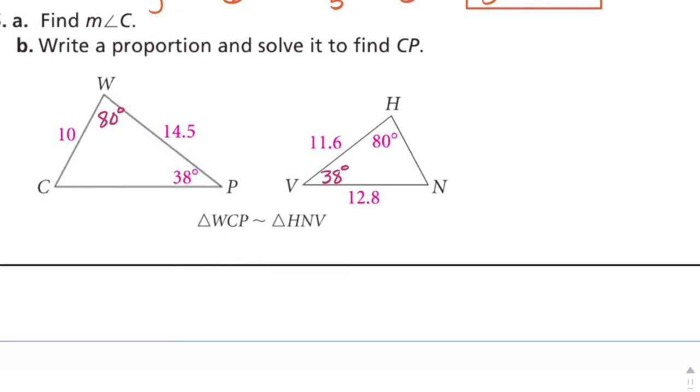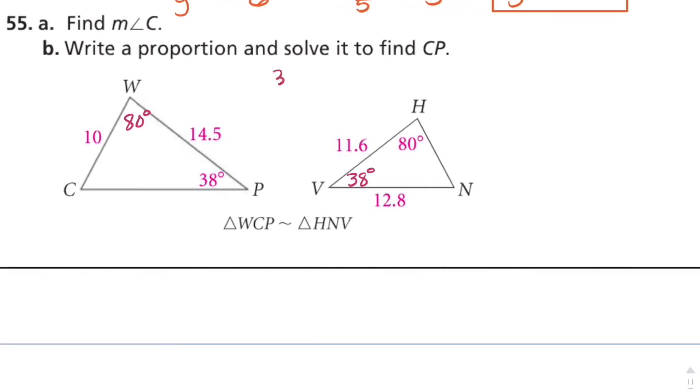I just have to do a little bit of algebra first. 38 plus 80 is 118. Then I do 180 minus 118, and that's 62. So I have 62 degrees. In both cases, we have 62 degrees here, and 62 degrees here, because they're congruent.